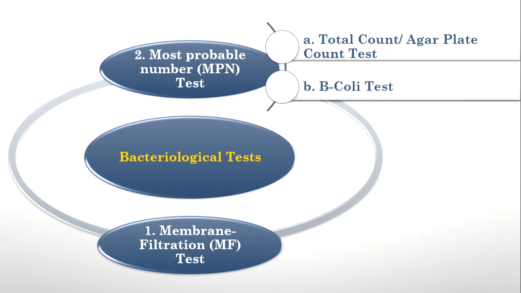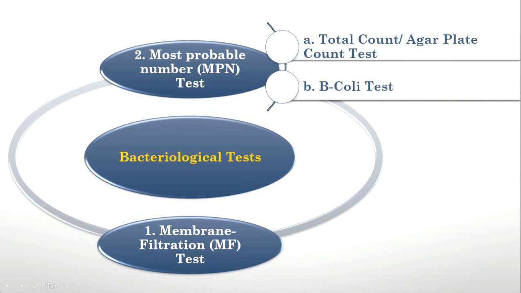Now we will move on in detail to the bacteriological tests. There are mainly two types of tests. One is the membrane filtration or MF test, and the other is the most probable number test, the MPN test. They can be of two types: total count or agar plate count test, and B. coli test. From the name itself you can tell that in membrane filtration the water is filtered by means of membranes which can retain bacteria.